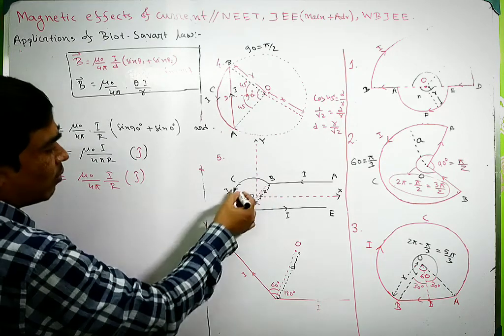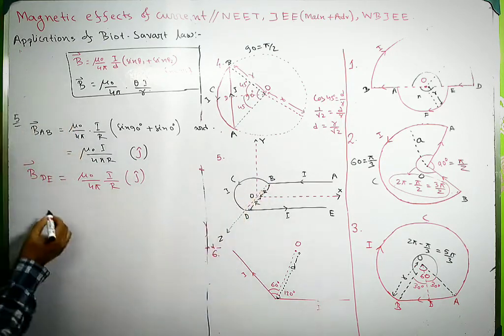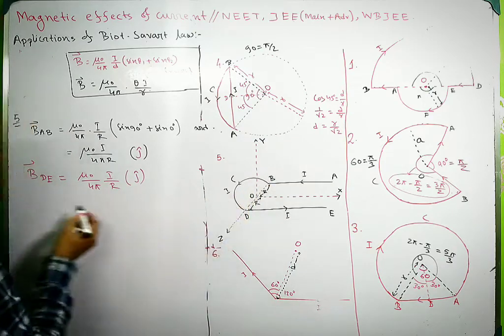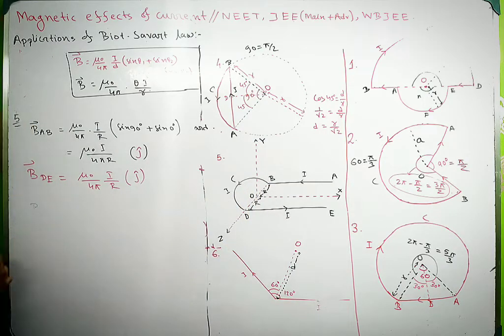Now you have to calculate the magnetic field for the BCD portion.